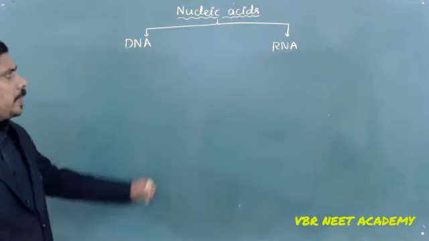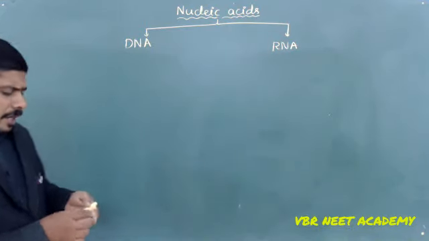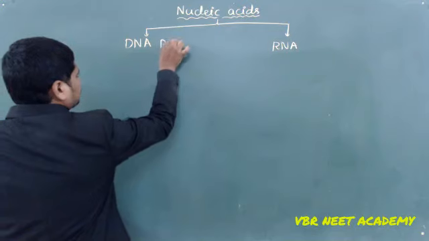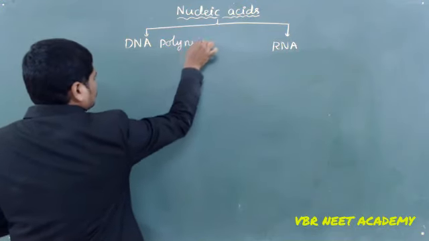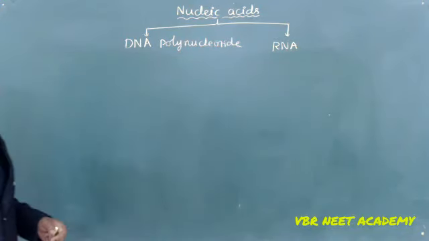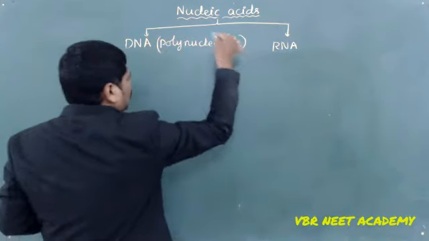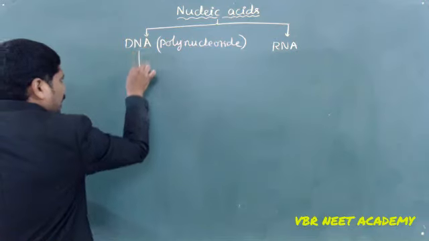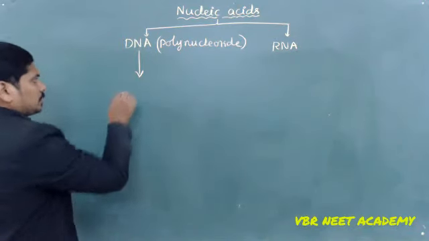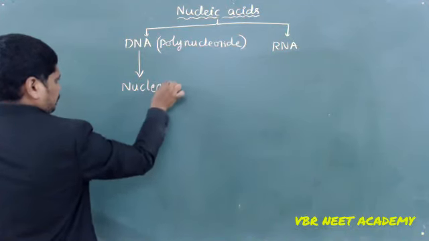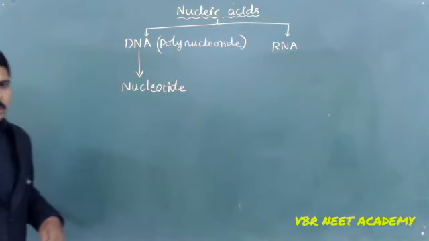Now we look at the structural differences between RNA and DNA. Now structural peculiarities we are taking. DNA, I will call this one a polynucleotide. Either DNA or RNA, both of them are polynucleotides. If you break down DNA or RNA, what do I get? I get a nucleotide.